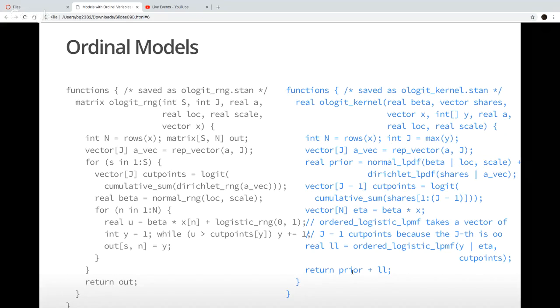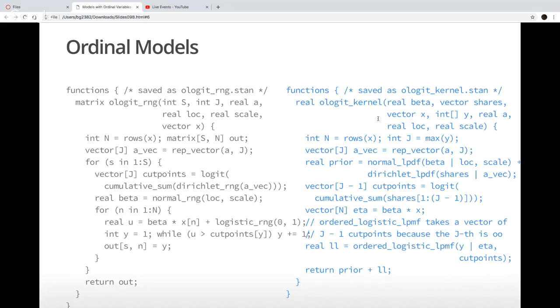So if we had data on y that we collected, that we believe to have been generated by the process on the left in black, by defining this kernel function and giving this to Stan, Stan can draw from the posterior distribution of beta, which is our exogenous unknown, shares, which is our other exogenous unknown, and then the cut points would be, in this way of doing it, an example of an endogenous unknown.